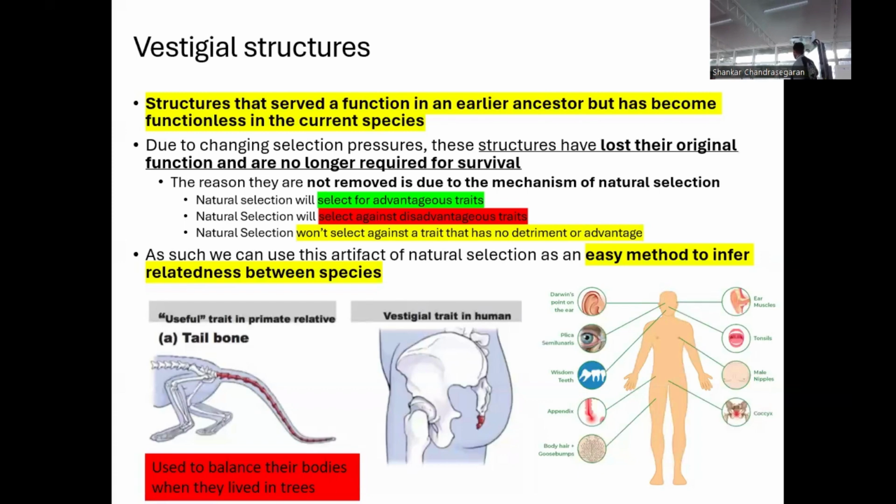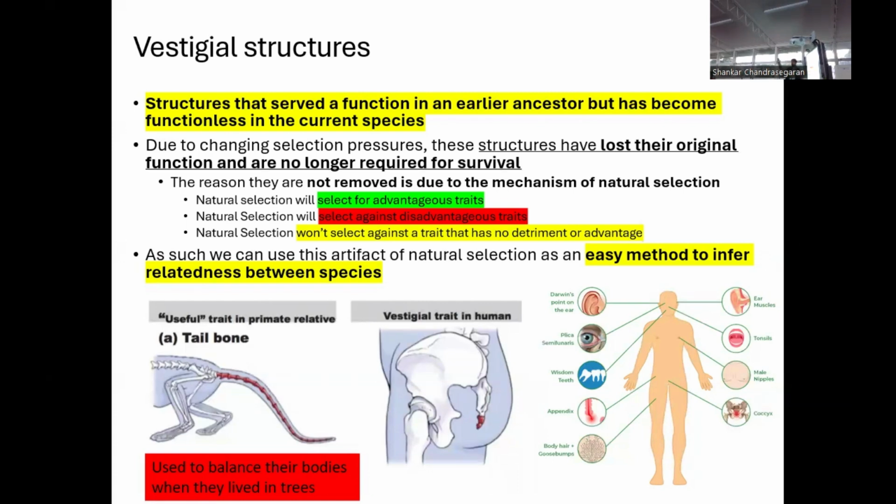So we can actually use this as a method to infer relatedness between different species, right? As a result of us having this coccyx, we can relate it back to the fact that earlier primates had a tail. So we can link it together, saying that our relatedness to primates is very close, seeing that we have the vestigial structure of a coccyx that can be related to the tail of a primate.